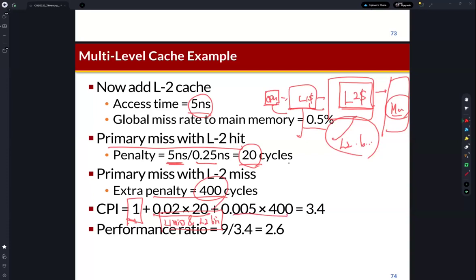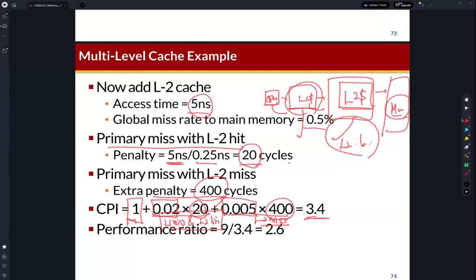This miss penalty is the L2 miss penalty, right? So this is the miss rate in L1, then this is the miss rate in L2, right? So this is the CPI.